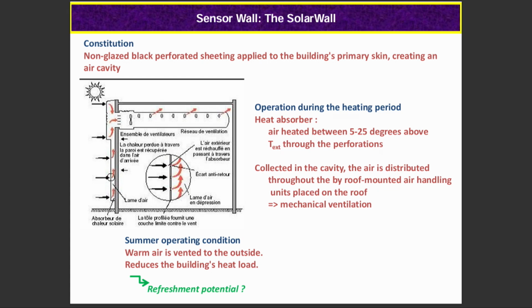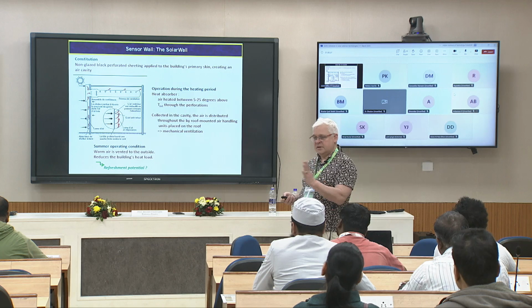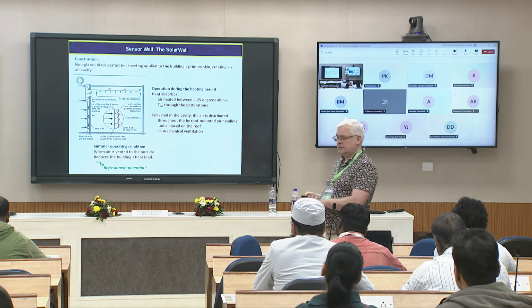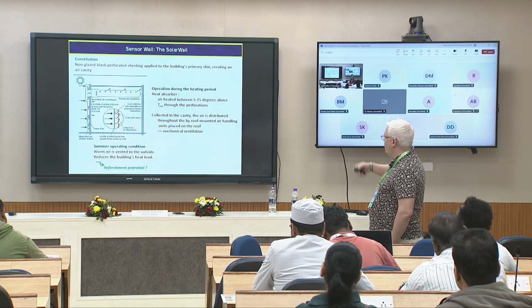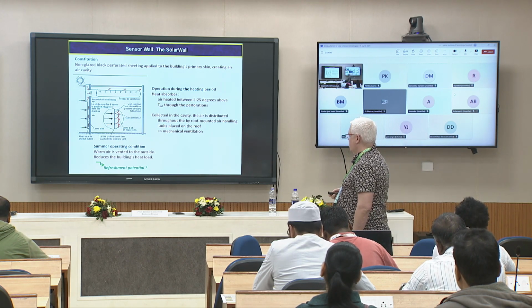So it's like an uncovered solar thermal collector, okay? Uncovered solar flat plate collector, but the originality is that the absorber is micro-perforated, okay? So the inlet of the air is all along the facade.